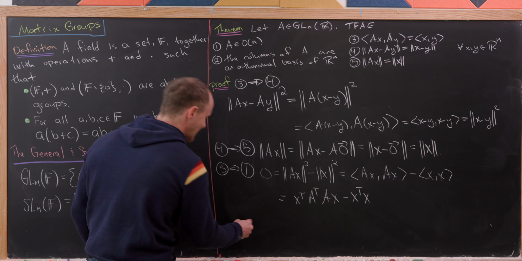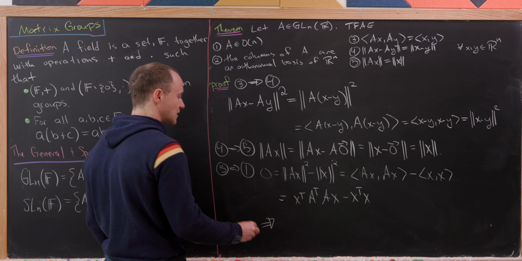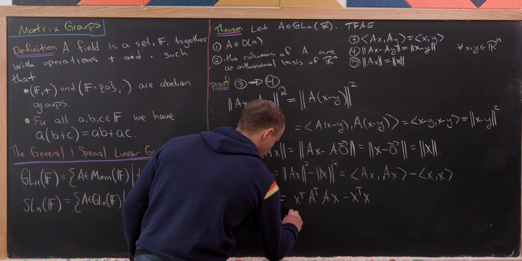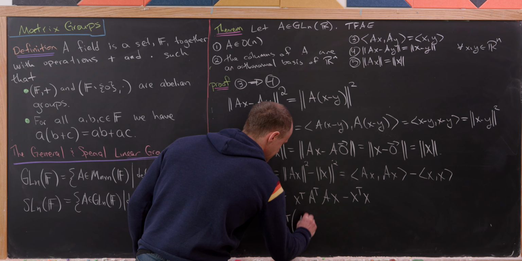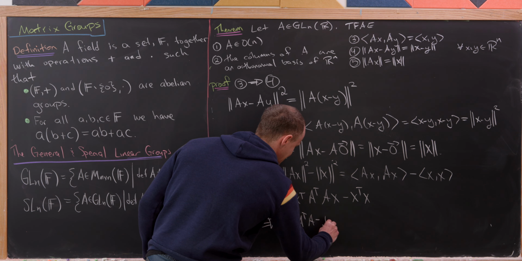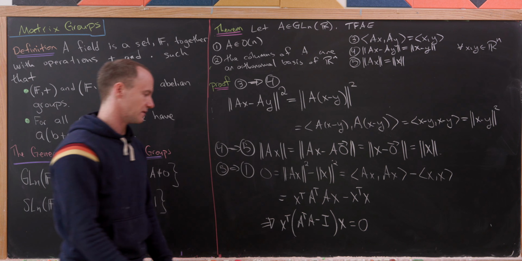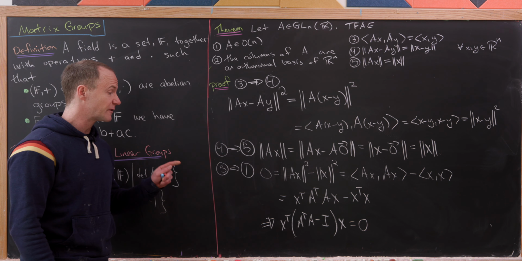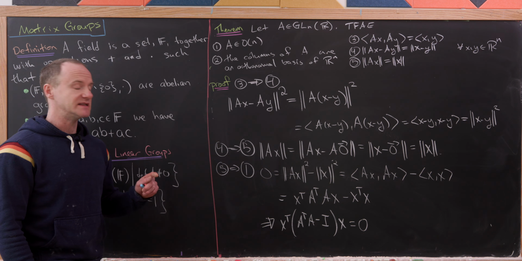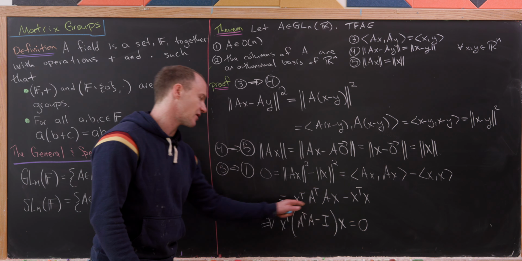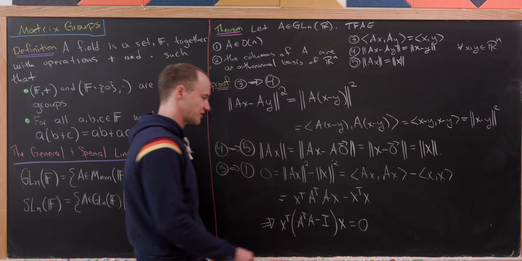Now we can factor some stuff out and observe that x transpose times (A transpose A minus the identity matrix) times x is equal to 0. But that's true for all x. And since that's true for all x, this matrix in the middle has to be the 0 matrix.